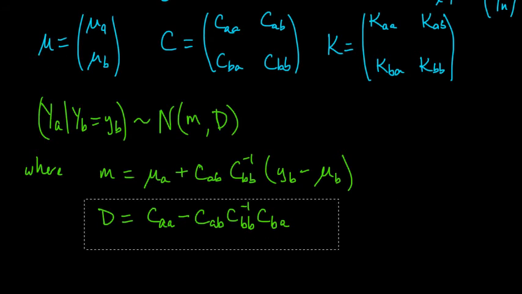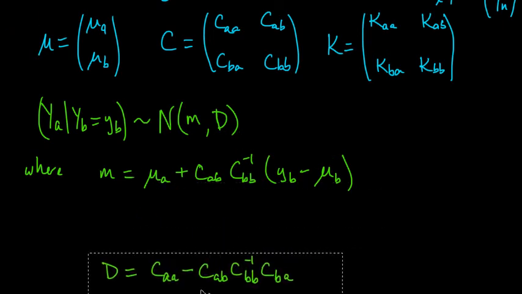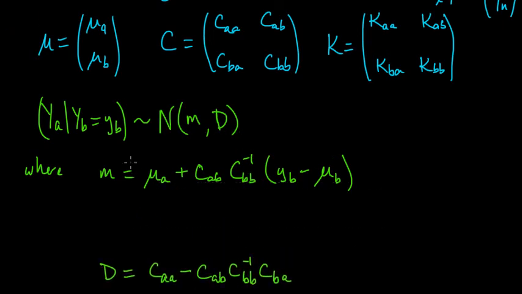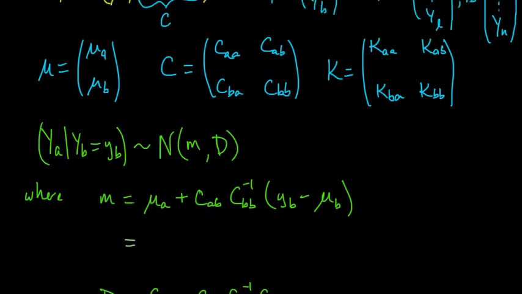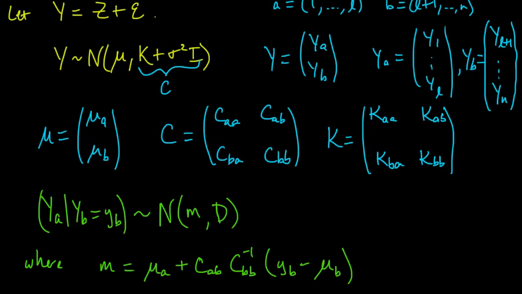Let's actually scoot this down a little bit so we have space to write this one. This one is mu A. Do we know it? No, mu A is just some mu, just something we've assumed. So we have mu A, CAB. What is CAB?